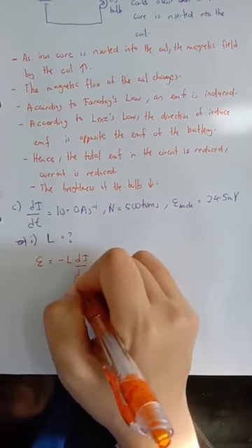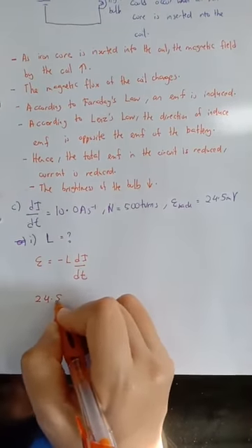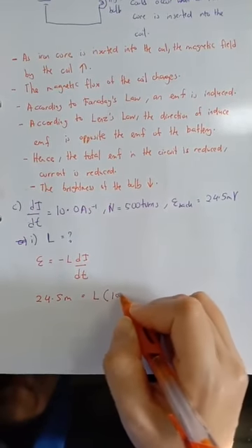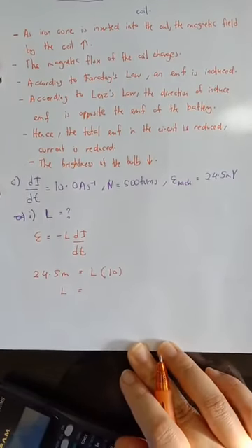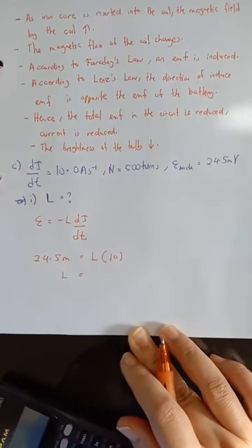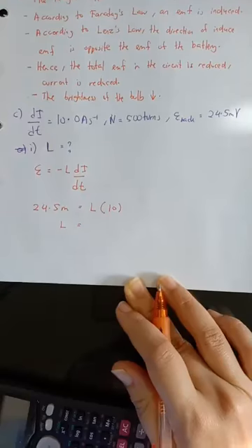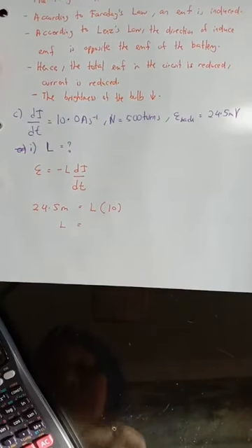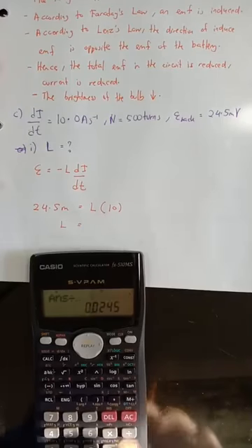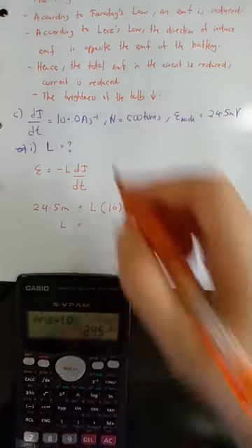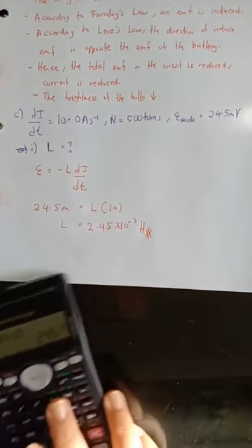Negative L di over dt. Okay, the unit for inductance is Henry.